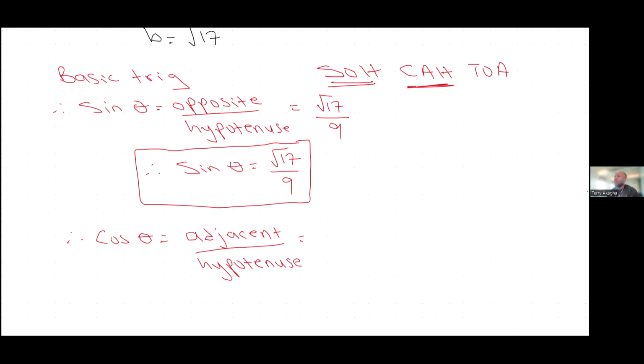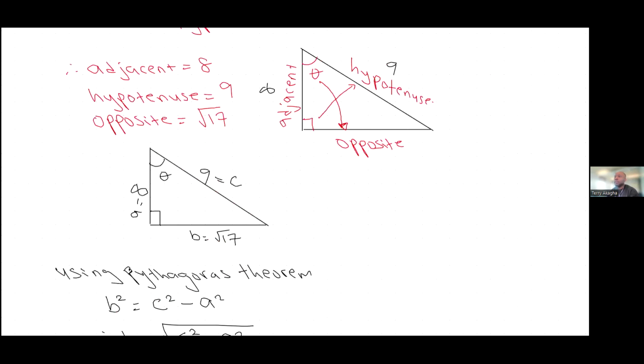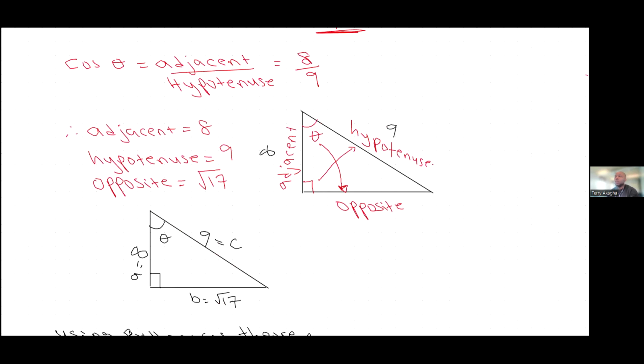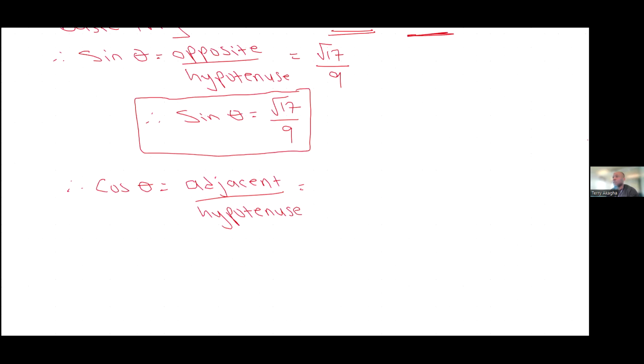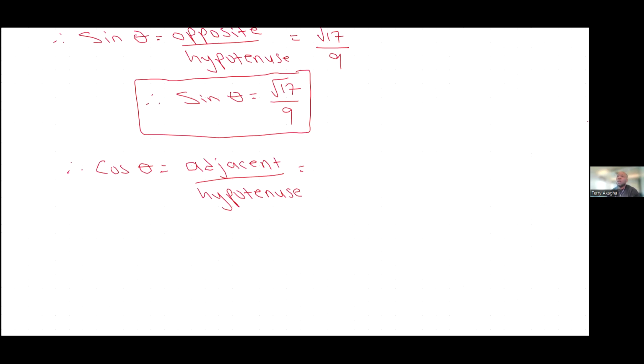So we go back to the triangle. The adjacent was 8, and the hypotenuse is 9. So the adjacent is 8 divided by the hypotenuse, that was 9. So therefore, cos theta will be equal to 8 over 9.